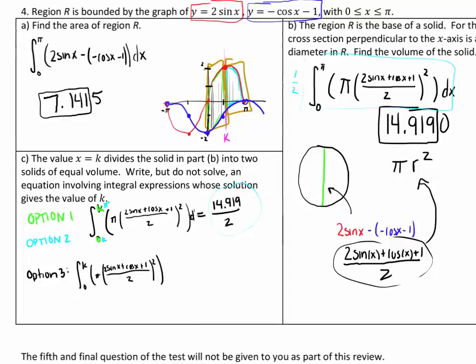Oops, sorry, I forgot a dx in there. That piece equals the other piece, which would be the same thing but with those bounds, so from K to pi of pi times 2 sine of x plus cosine of x plus 1 over 2, squared, dx. That would be just fine as well.